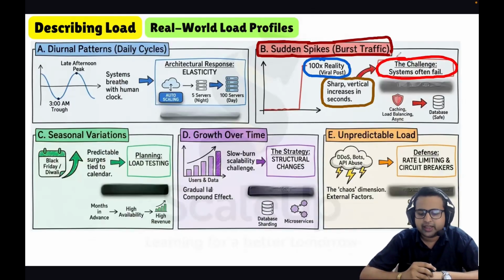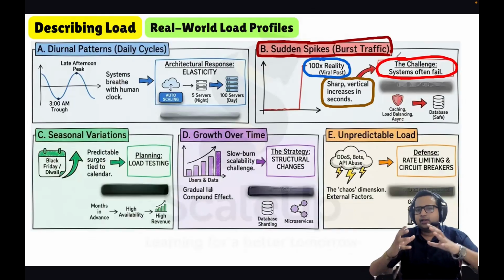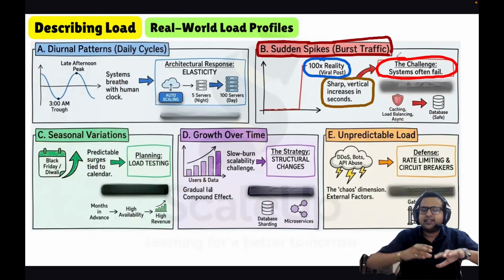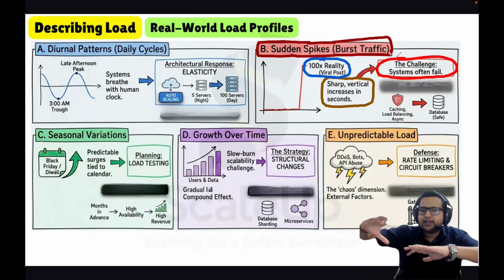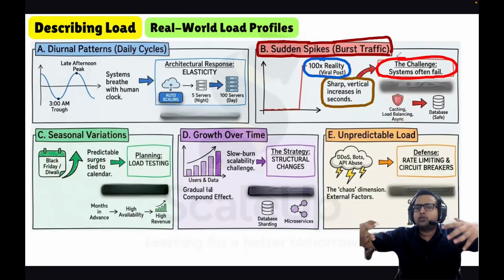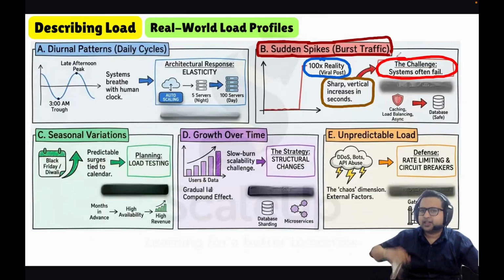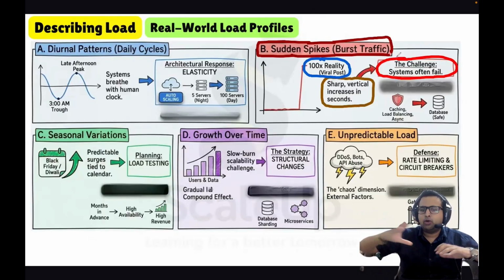Because auto scaling takes time to warm up. The idea is that we already have elasticity, so when the load increases, our resources will also scale accordingly. But the problem is that with a sudden spike, the burst traffic, all of a sudden the load has increased.